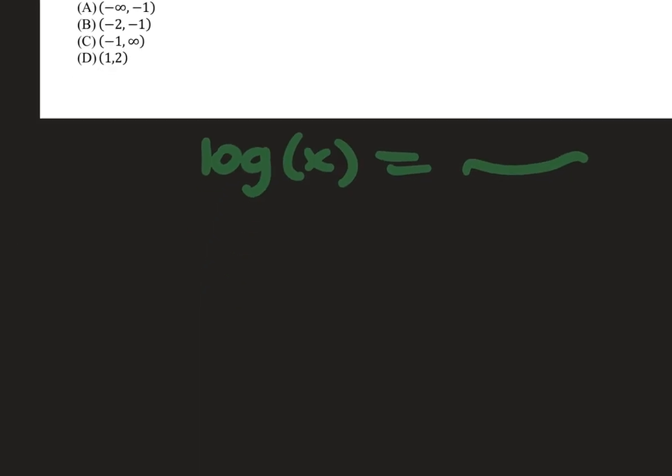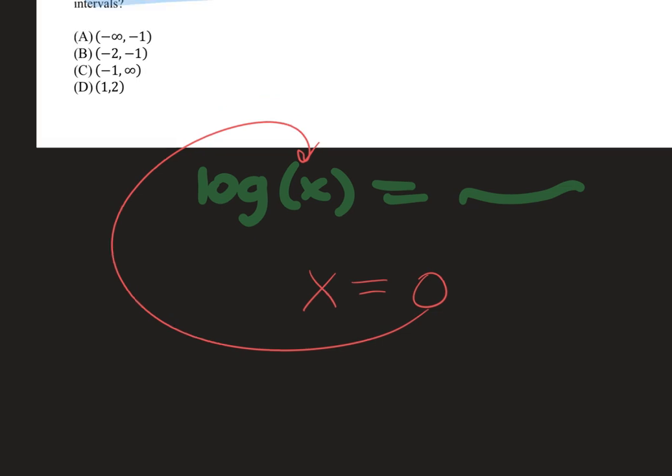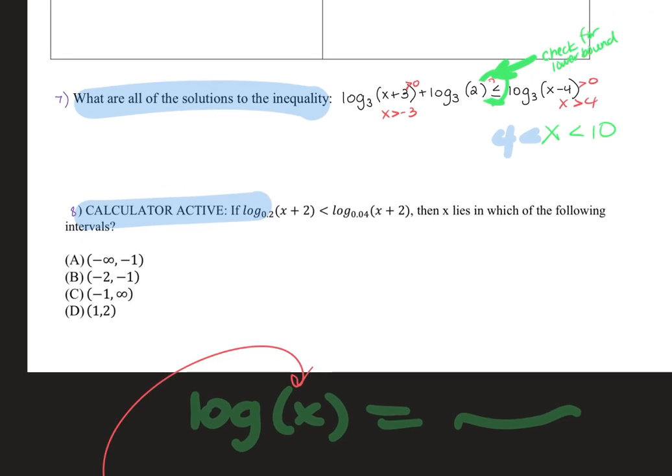So let's say I solve a log equation and I get x equals 0. I have to check to make sure that when I plug it back in, I'm finding the log of something bigger than 0. If it was 0 there, I couldn't do it. If it's negative there, I can't keep those answers. That's just solving logs. But for your inequalities, you have to test for your lower bounds. You're going to solve an inequality and it's going to say something like x has to be less than a number. So let's say x has to be less than 10.